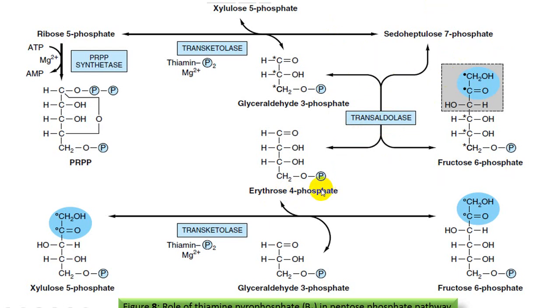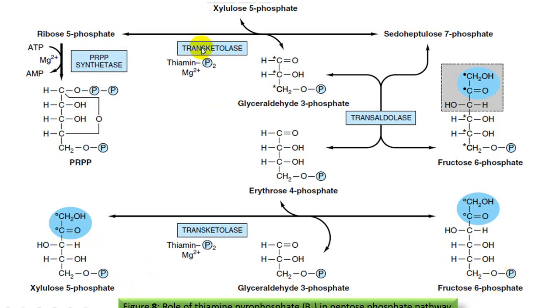Then erythrose 4-phosphate is converted to glyceraldehyde 3-phosphate in the presence of transketolase and vitamin B1 and magnesium 2+ as a coenzyme. Also, xylulose 5-phosphate will be converted to fructose 6-phosphate.